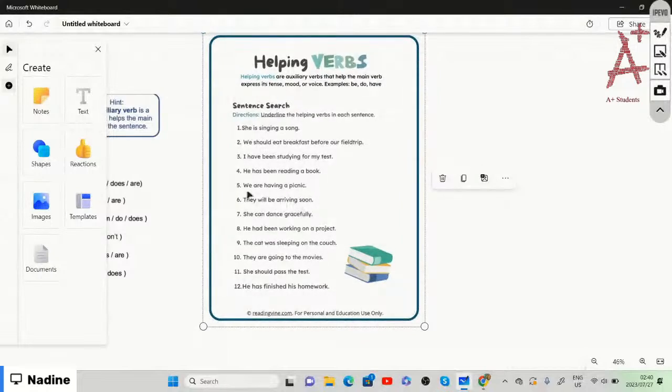We are having a picnic. We need to select the helping verb within the sentence.